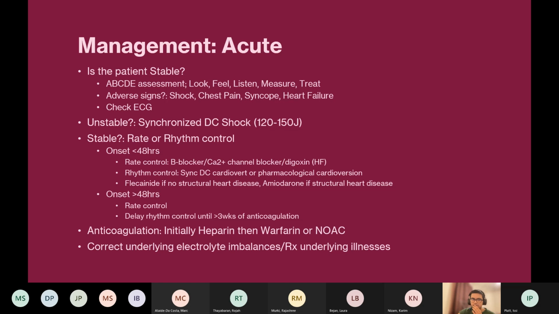I always get confused as to when to use warfarin or a NOAC, and I'll come on to that on the next slide. And as always, correct underlying causes: electrolyte imbalances, review underlying illnesses like pneumonia or PE, and treat that underlying cause.